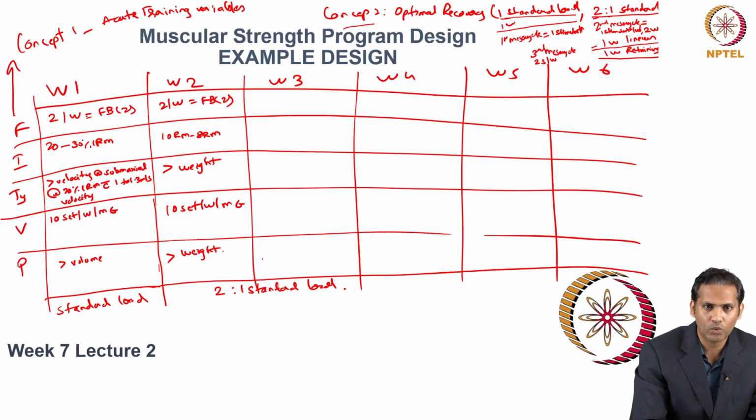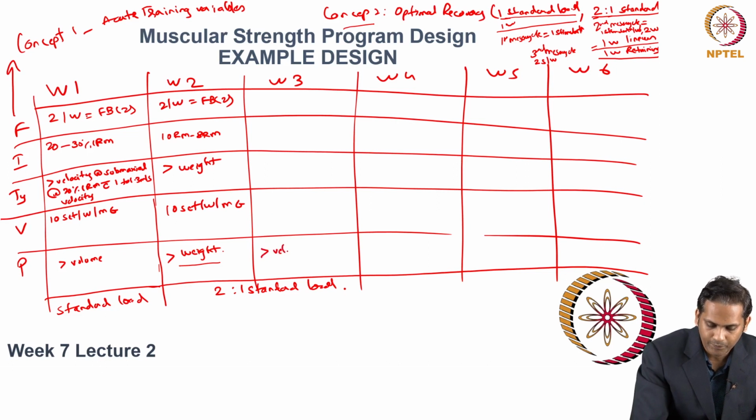So when you create a cycle of stimulation, what it means is, in week 2 you have given stimulation by greater weight. Now in week 3 you give stimulation by greater velocity at submaximal load.